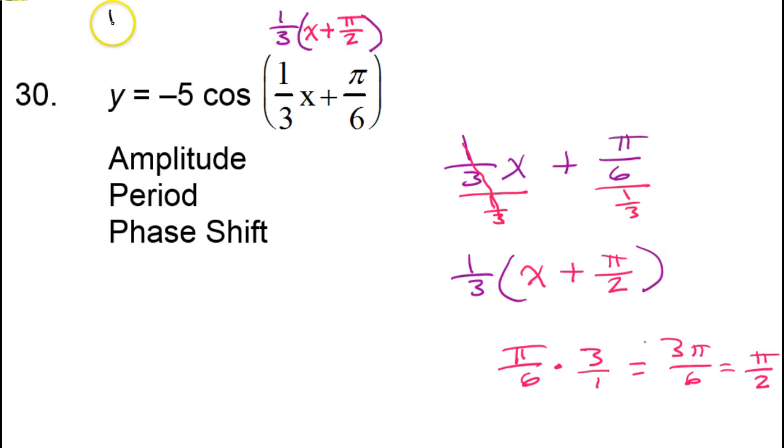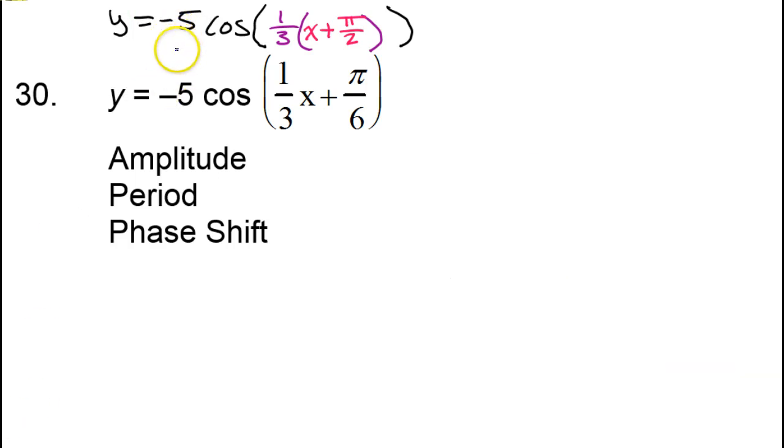Okay, so I will write the rest of this. So I have y equals -5 cosine, and then the rest of it in the way that I've rewritten it. So now I am ready to look and see what I have. This is my a value right here, that -5. That tells me that the amplitude is 5. The amplitude is always positive. This 1/3 is the b value.